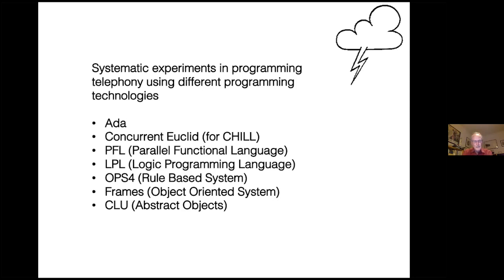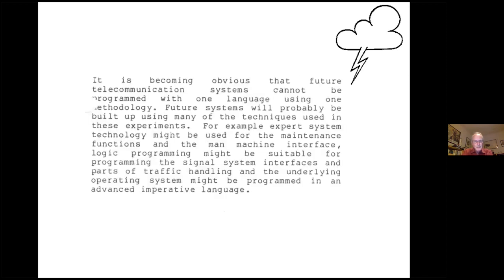We thought that, okay, now we'll see what's the truth, which is the best way, how we should do this programming. And this is a text from Mike. The problem is simply that we learned a lot, but we didn't get to a final conclusion.